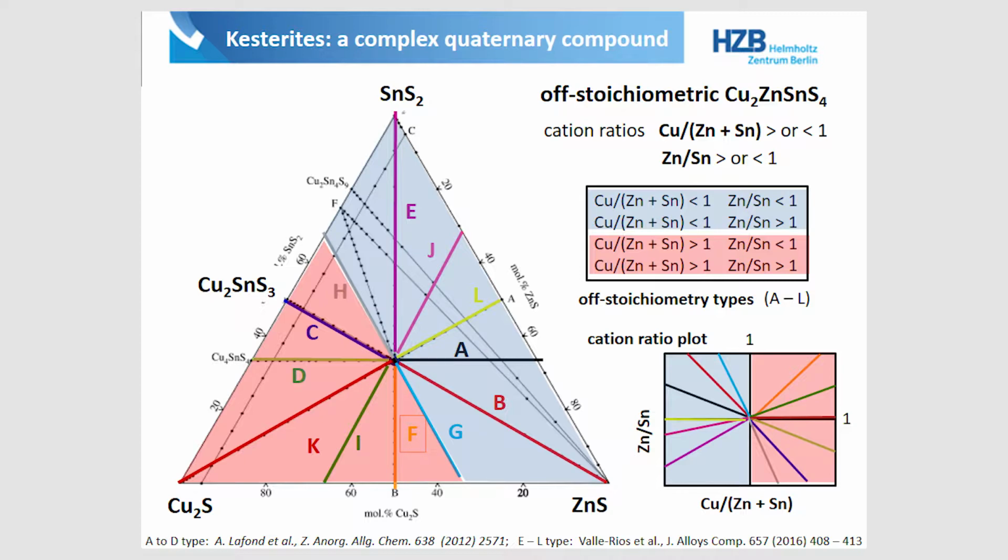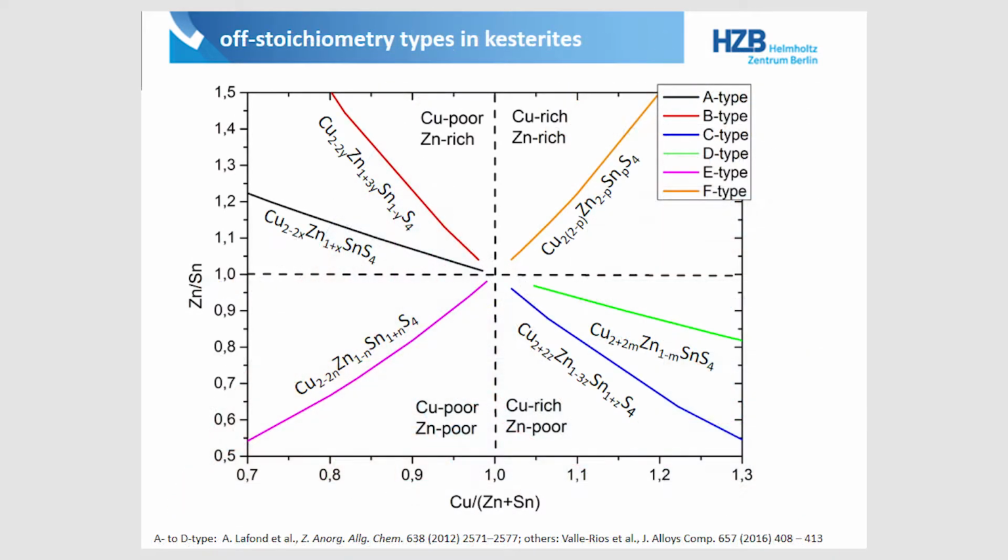In the same way I have shown before, you can define many other types, and we ended up at L. So we have A to L, all different off-stoichiometry types, and each type is connected with a special cation substitution, so that, these are not all, only a few are shown here, with each off-stoichiometry type you have a special chemical formula.